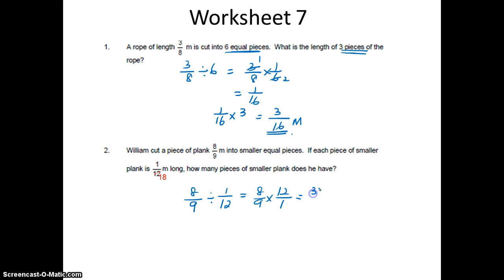I will get 108 out of 1. How many pieces of plank does he have? He actually has 108 pieces of plank.